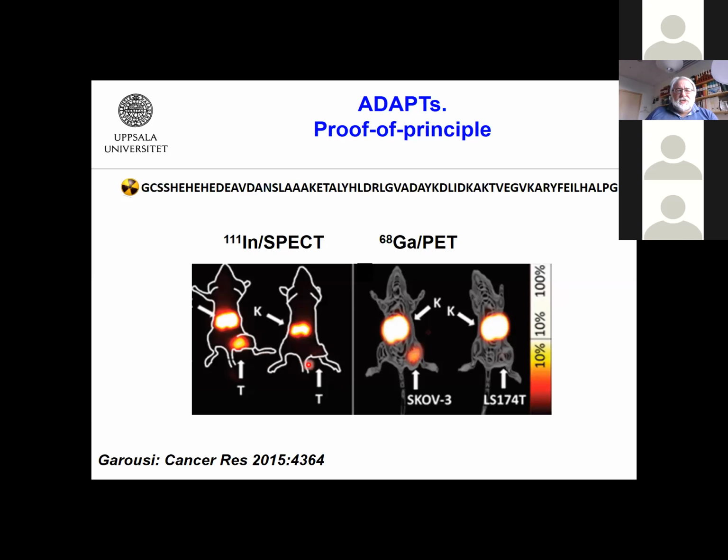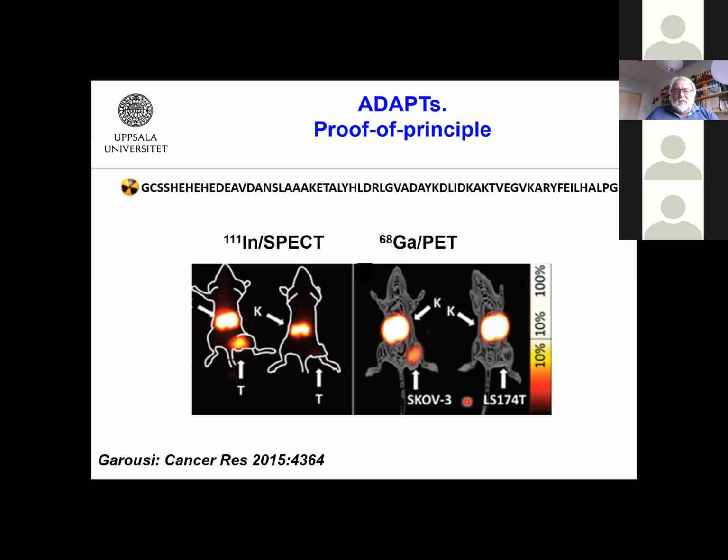So pre-injection of a large amount of trastuzumab completely blocked the receptor and prevented binding of ADAPT, but otherwise we could see that the tumor uptake was high, and the only place with a higher uptake was the kidney. Well, the same problem as with Affibody, high renal reabsorption.